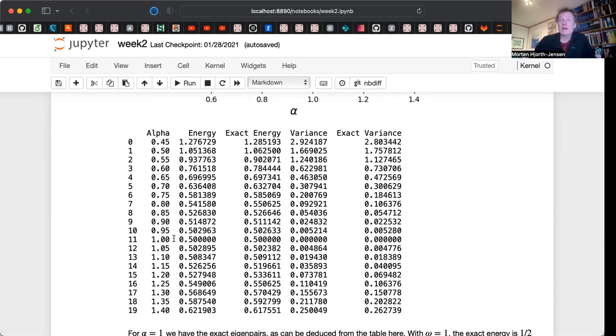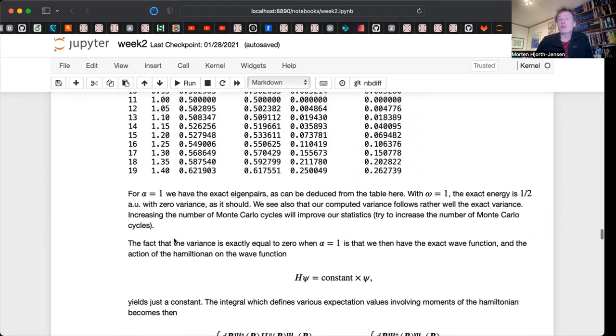So this program can serve as a kind of skeleton for your first program when you're setting up the Monte Carlo calculations. And you're going to run these calculations with 1 and 2 and more particles. And without any interaction, this gives us a very useful test, because then we know the exact answer for a system of many non-interacting particles.